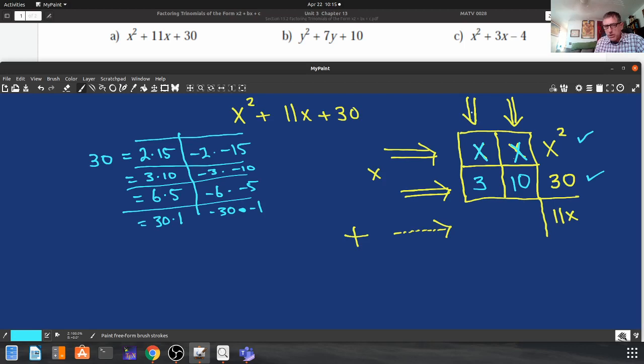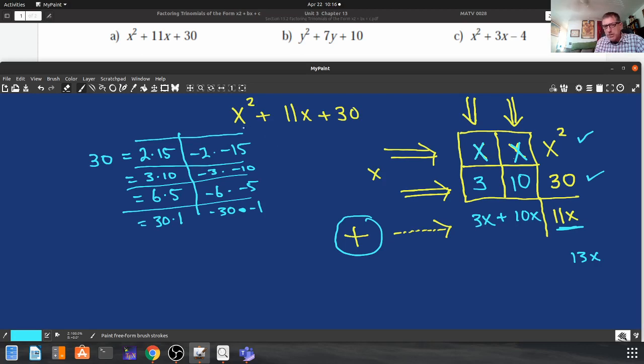Now we start multiplying in the columns. 3 times x is 3x, and 10 times x is 10x. And I add these terms. But look, I need the result to be 11x. And my 3x plus 10x is 13x. So that's not going to work. I've got to change something. Now I'm not going to change what's in the top row.